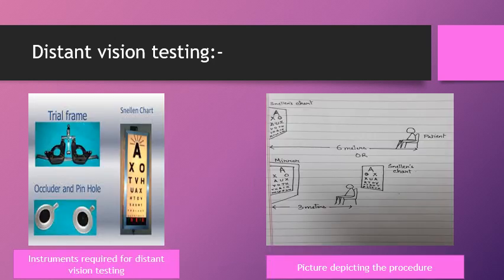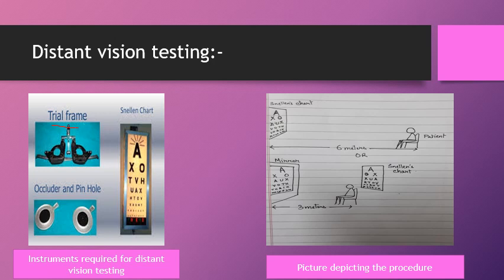So usually we'll be asking the patient to close one of his eyes. First we'll ask the patient to close his left eye, and afterwards we'll ask the patient to close his right eye so that we can check both the eyes separately. First the right eye's vision is checked and then the left eye's vision is checked. Either the patient will close his eye physically by using his hand, or we'll use the trial frame.